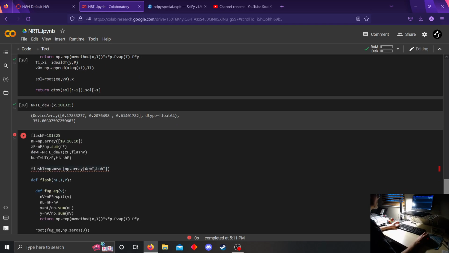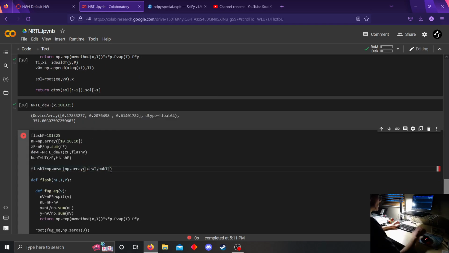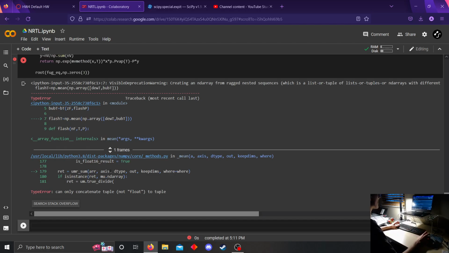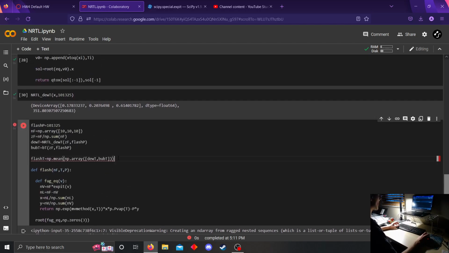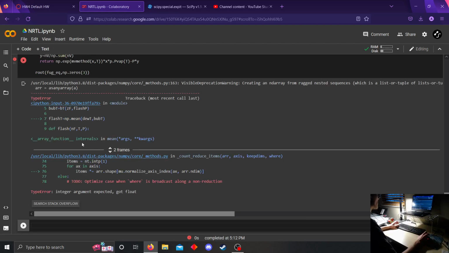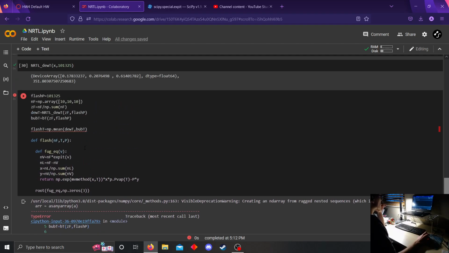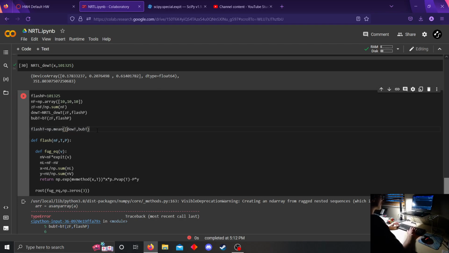No. Unless I just need some more parentheses. No, that did not work. Maybe it's not an array? No, that didn't work either. What is going on? There seems to be an issue with this np.mean.